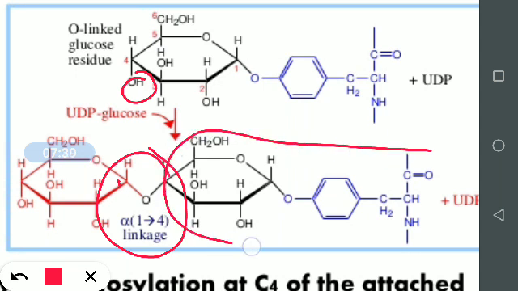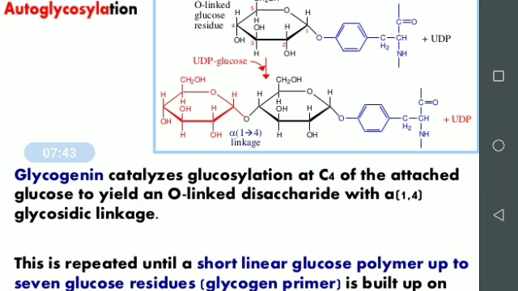So this is the primer, the initiation of glycogenesis. Then UDP glucose comes and again attaches the next glucose molecules. In this fashion, glycosylation at the C4 carbon yields an O-linked disaccharide with alpha 1,4 glycosidic linkage.